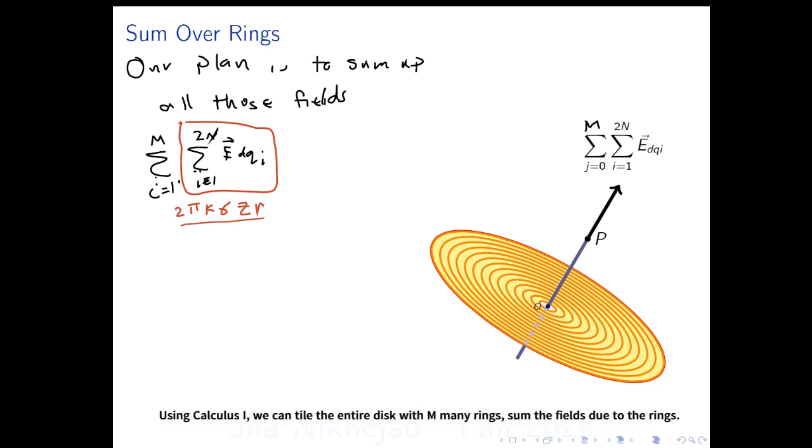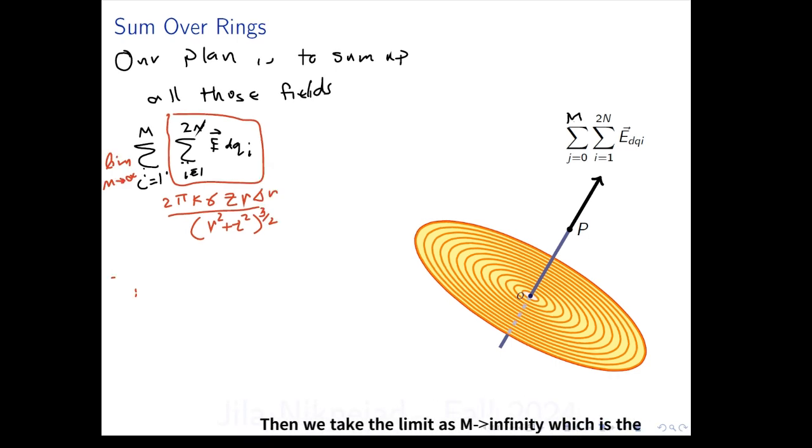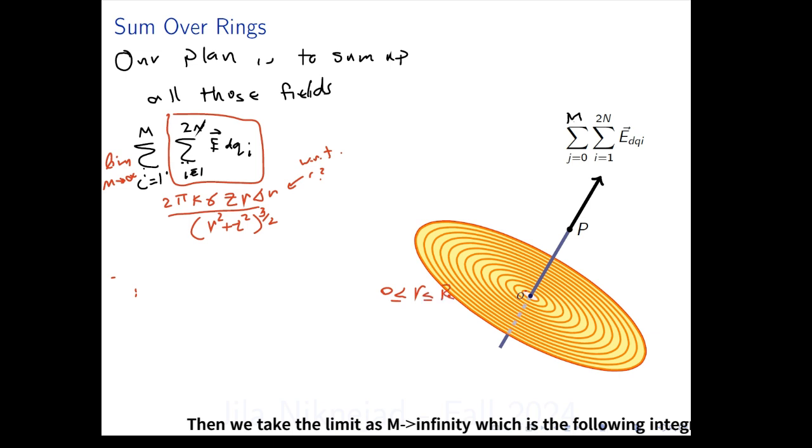Using Calc 1, we can tile the disk into m many rings, sum the m fields due to the rings, then take the limit as m goes to infinity to get the integral from 0 to R of 2 pi k sigma z r dr over quantity r squared plus z squared to power 3 half.